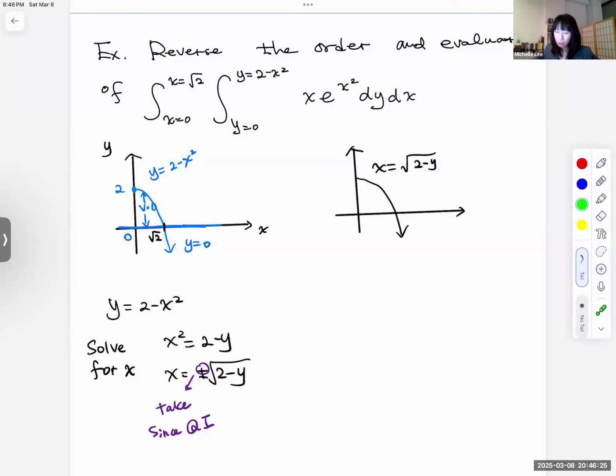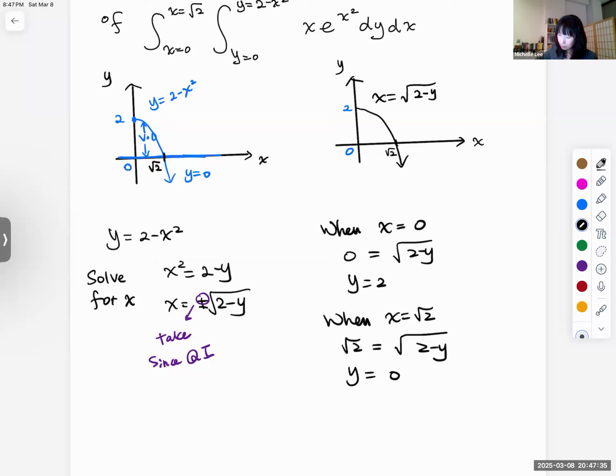When x equal to square root of 2, we had earlier, right? Then the square root of 2 equals the square root of 2 minus y. Then y will be 0, right? Make sense? Okay, so we can find the limits because we are going to use the horizontal distance here, right?